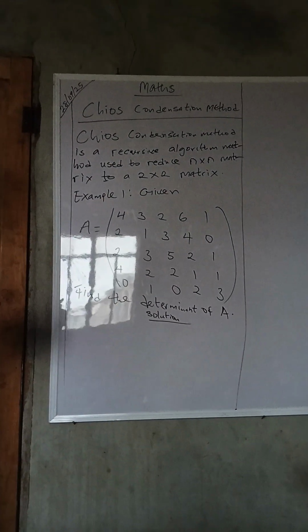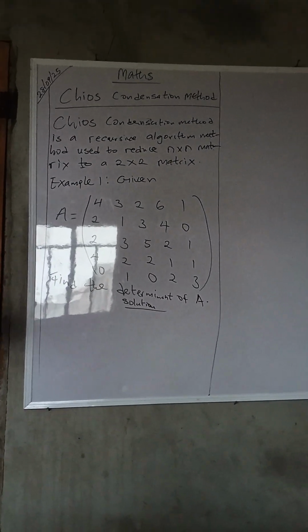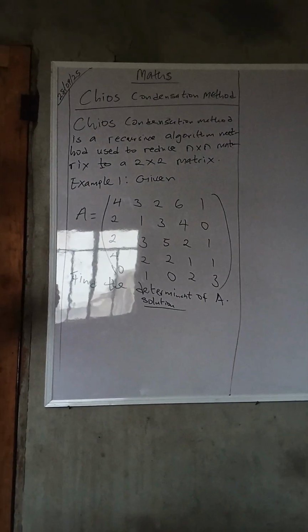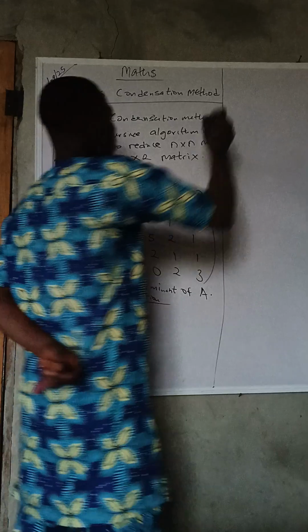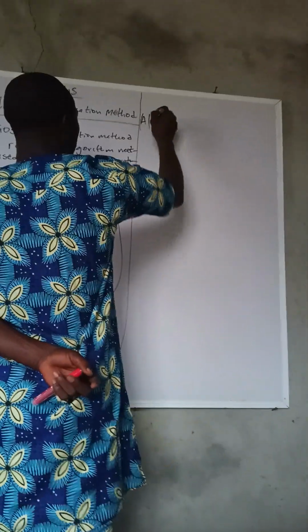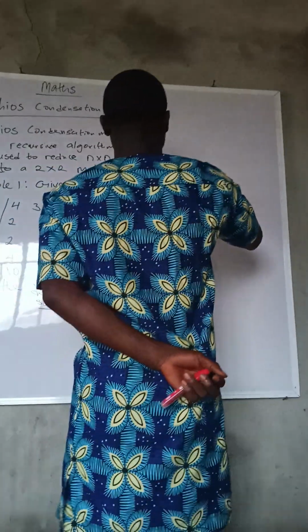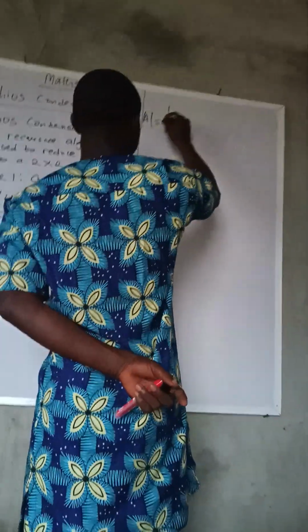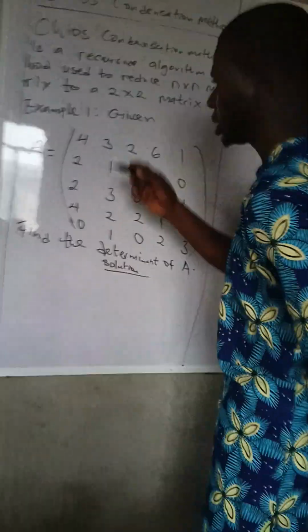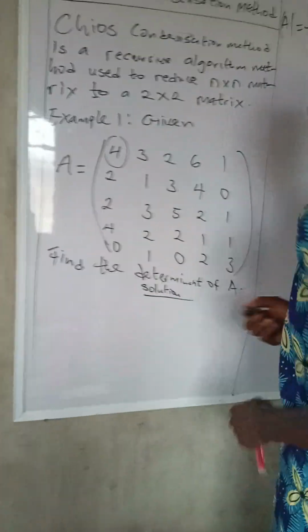So let's proceed. Now we are going to apply the formula that the determinant of A will be equal 1 over, what is our pivot? Our pivot here is 4.